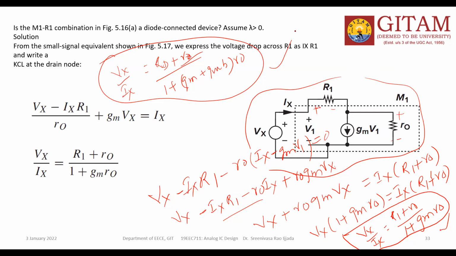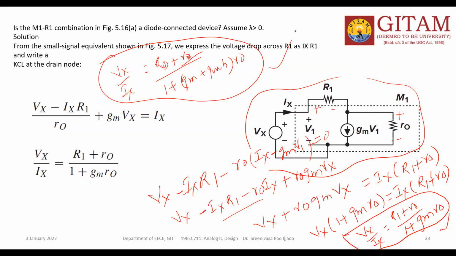Here, if you compare, both are almost equal, but only one term is missing, that is 1 by GM. So I can say, with the absence of channel length modulation, which reduces the 1 by GM factor, it is the same as the impedance of the common gate with gamma equal to 0 seen at the source.